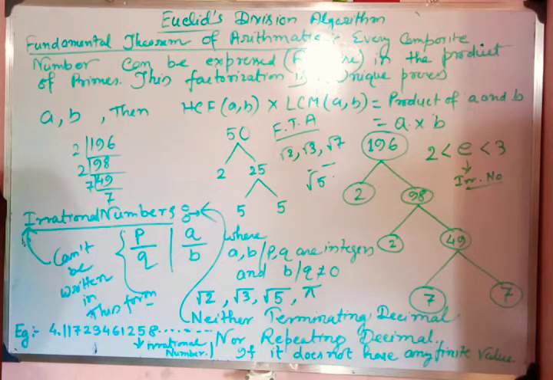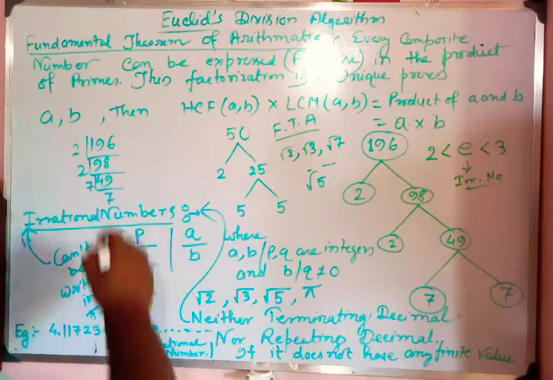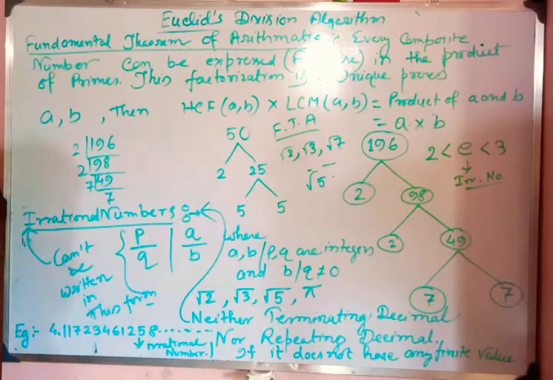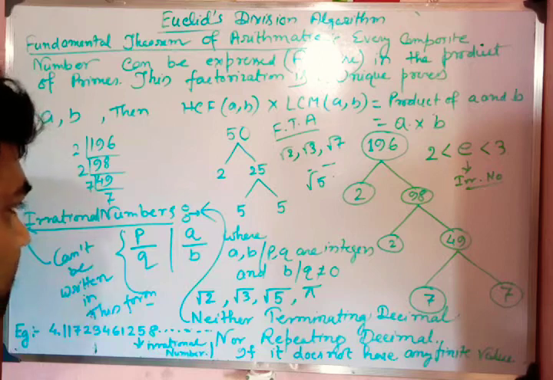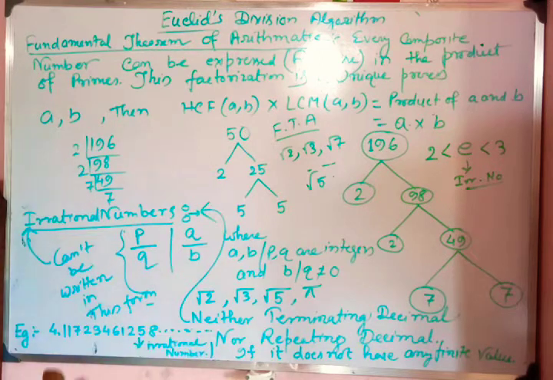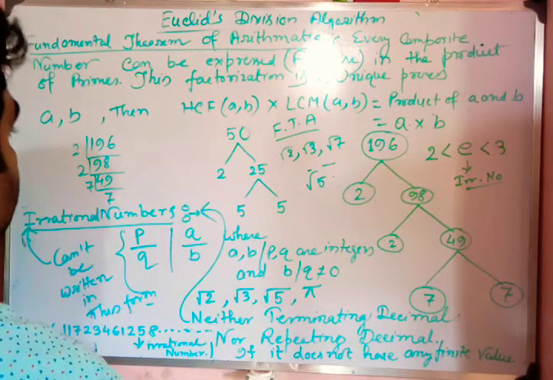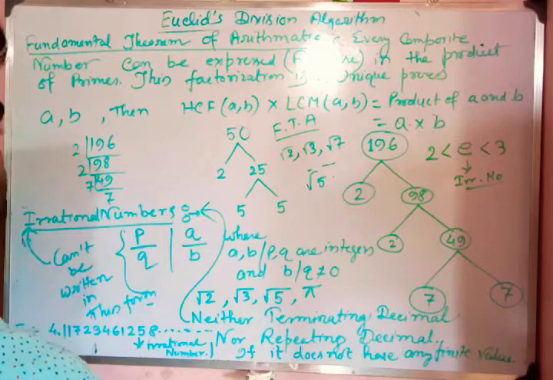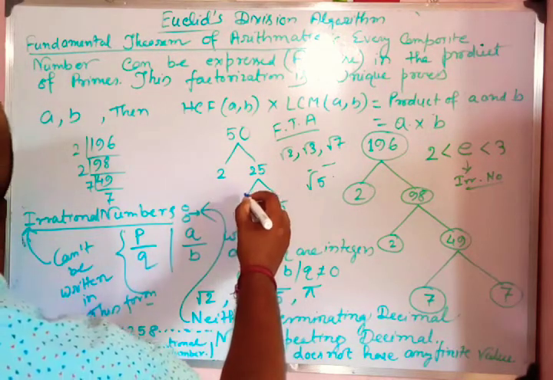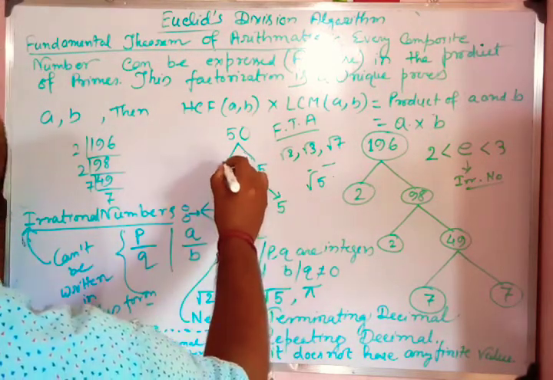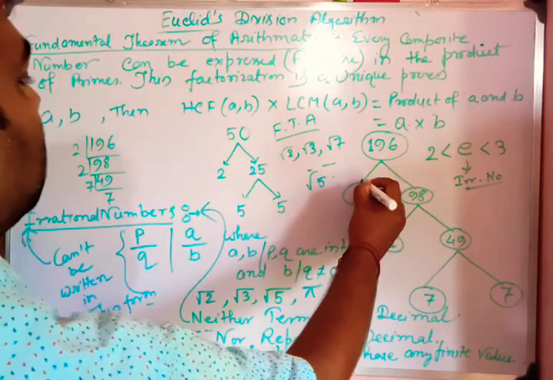Next, come to another thing, that is irrational numbers. Now to know about irrational numbers, first we have to know what a rational number is. I know that class 10 students already have the concept of rational numbers.